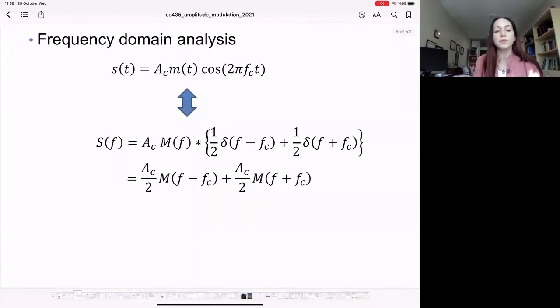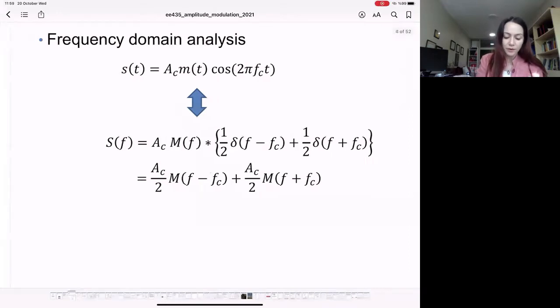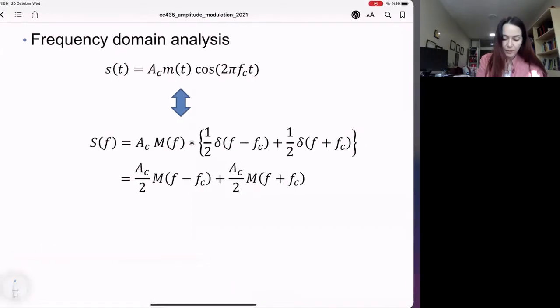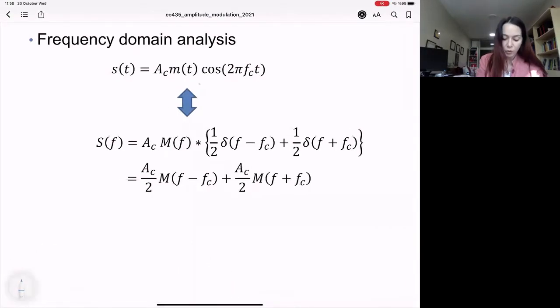First, though, rather than using trigonometry, let's analyze this in the frequency domain. Now, this is our modulated waveform in the time domain. In the frequency domain, the multiplication will correspond to a convolution.